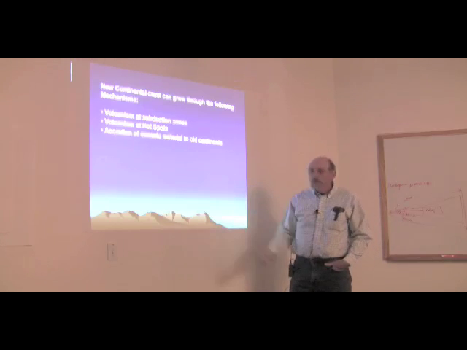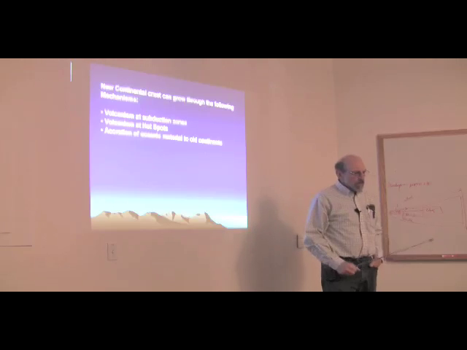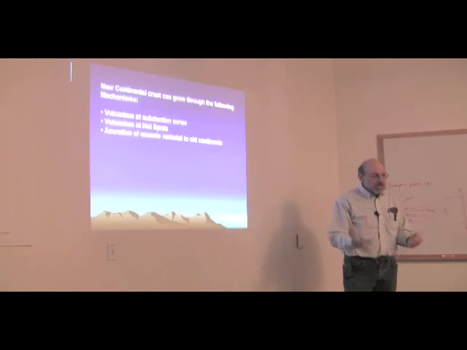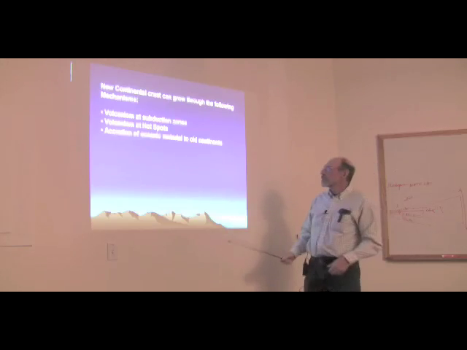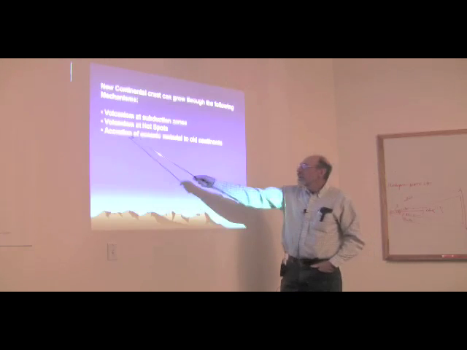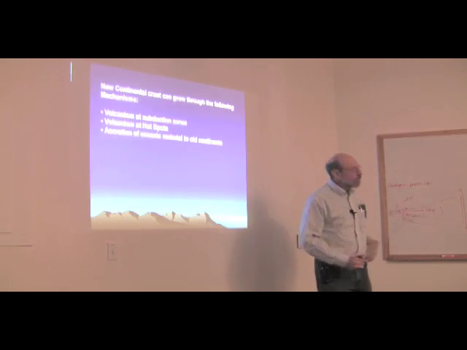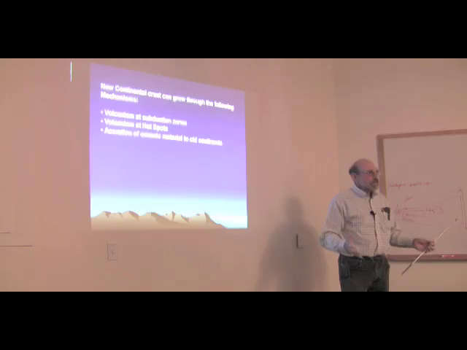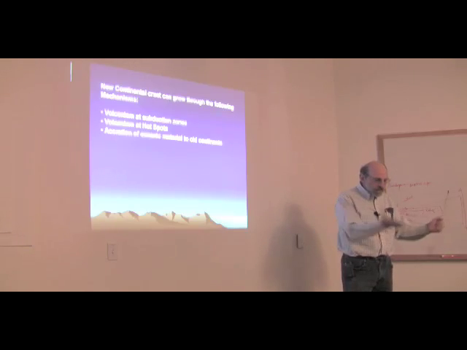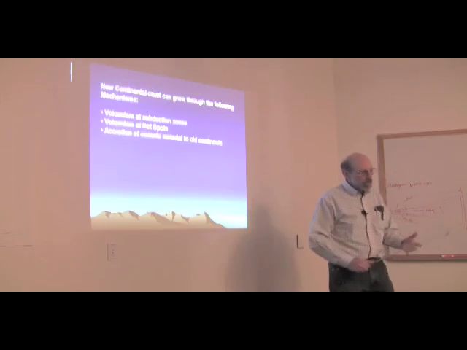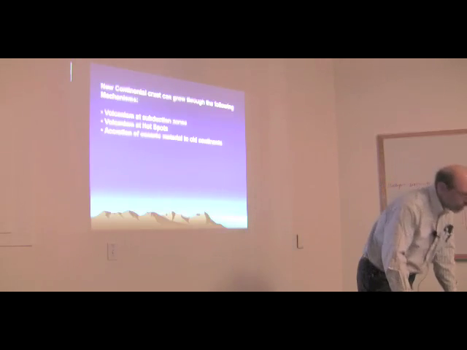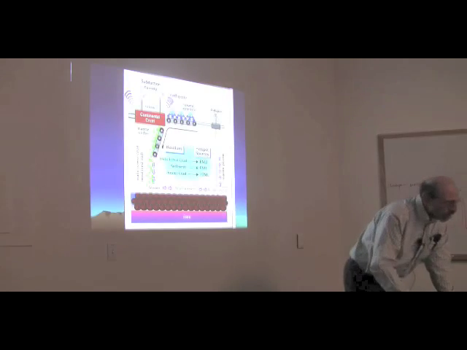It can also form by volcanism or magmatism at hot spots, and these can occur anywhere on the Earth, and also by accretion of oceanic material to the continents. So as a result of subduction, material is scraped off, it can be added to the continents, and that can go into growth. So I'll first talk about the growth part.